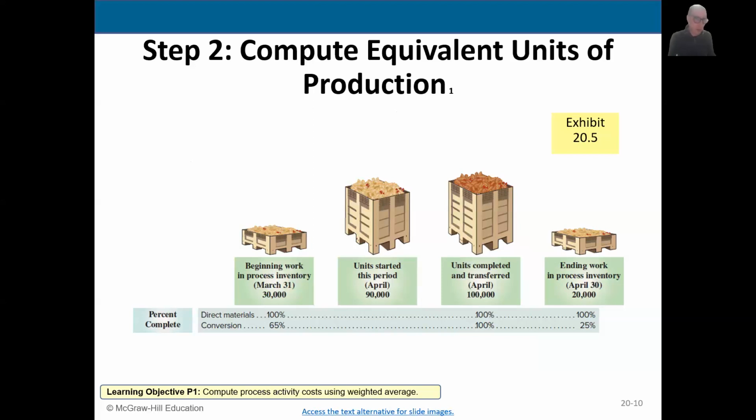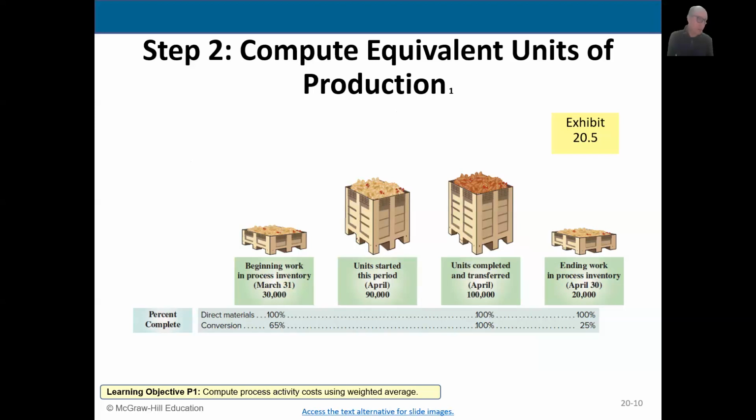Okay. Now, what these percentages of conversion costs represent is the percent conversion costs applied at each department. For example, the 65% is complete for a conversion cost because we had 100% for direct materials.